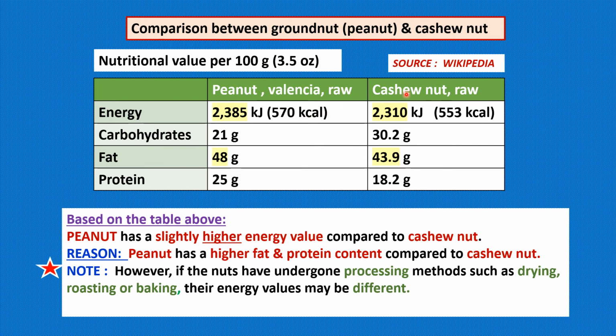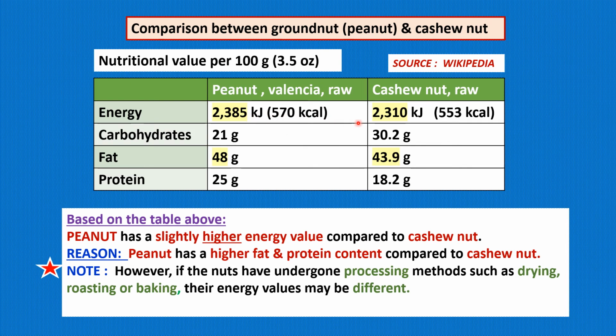But for cashew nut, which is raw, the energy released is 2,310 kilojoules or 553 kilocalories. So here we compare the energy in kilojoules. We can see that peanut has a slightly higher energy value compared to cashew nut, as you can see from here.